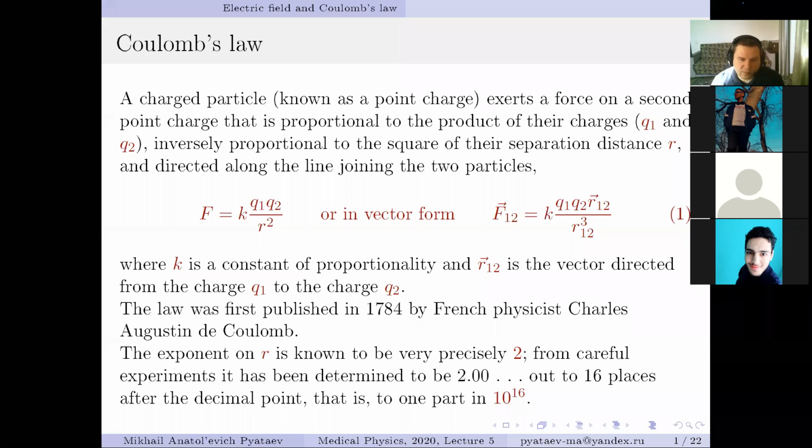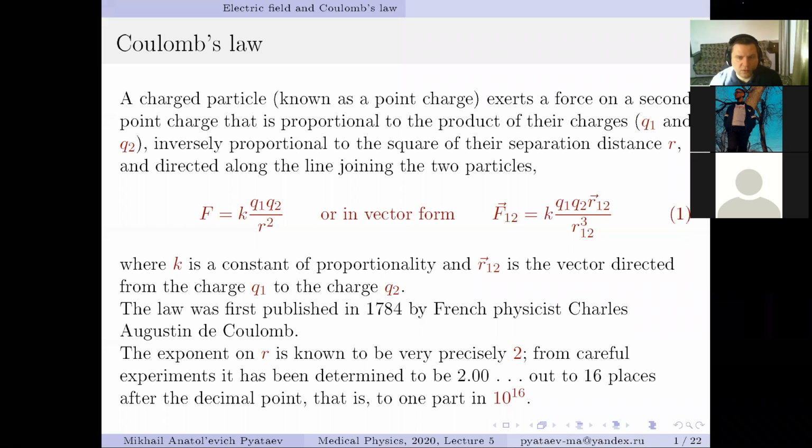Most of physics was started in the 17th century with the works of Newton and Galilei, but in the next century people began to study electric phenomena, and one of the first scientific laws found in this field was Coulomb's law.